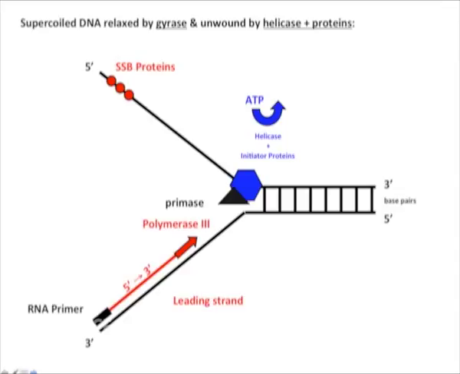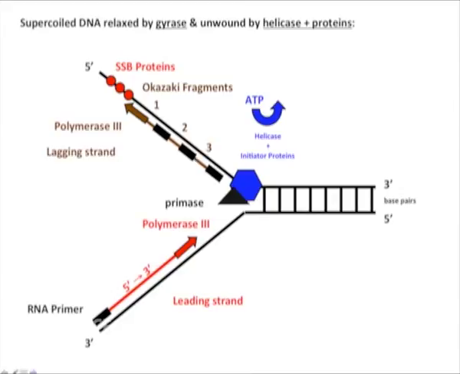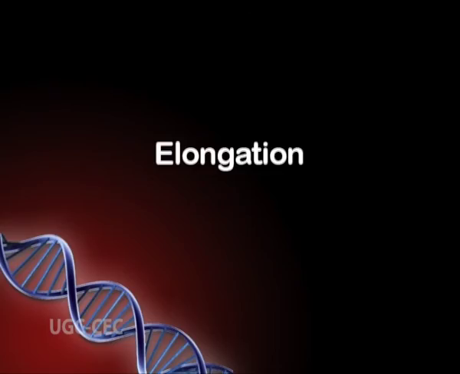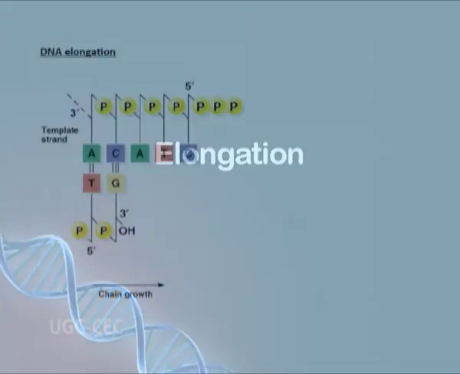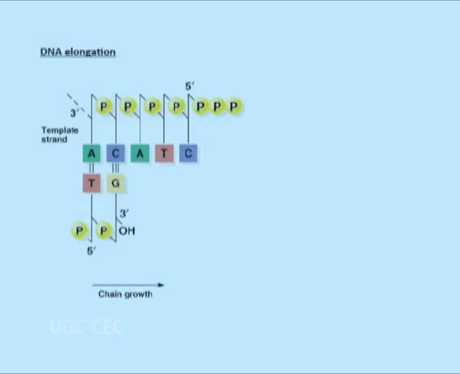A constant synthesis and supply of RNA primers should occur on the lagging strand of DNA. This is in contrast to the leading strand, which requires just a single RNA primer. Second step, elongation. The replication of DNA occurs in the 5' to 3' direction simultaneously on both strands.